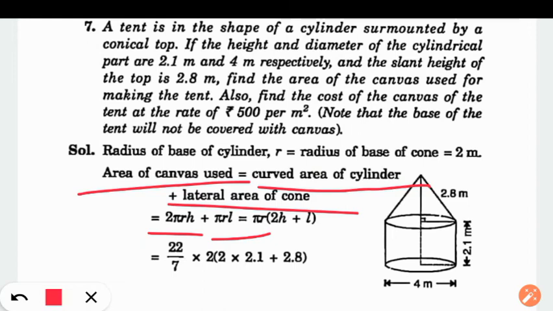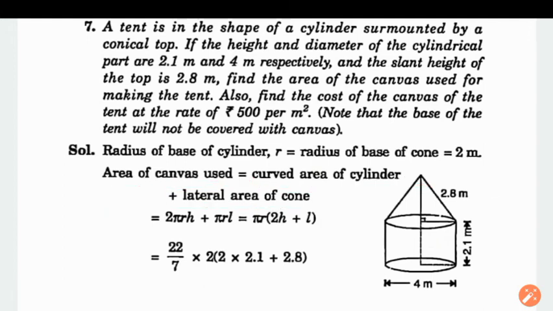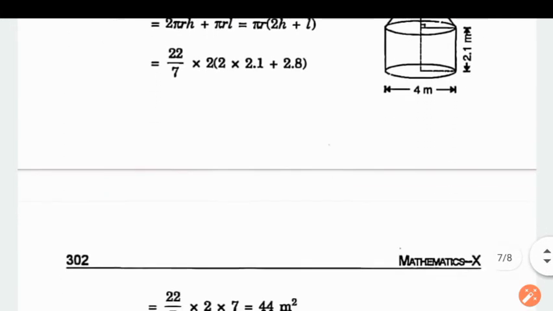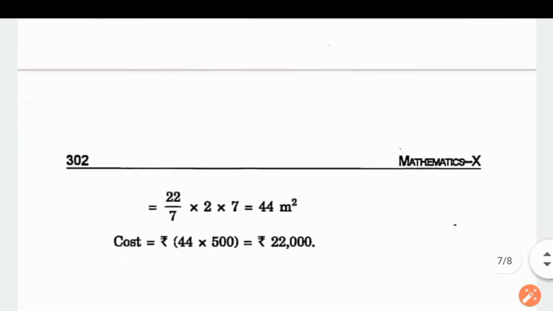So here pi is 22/7. Height is given, all the things are given. Okay, l is also given. So after putting all the values, the area is 44 meter square.